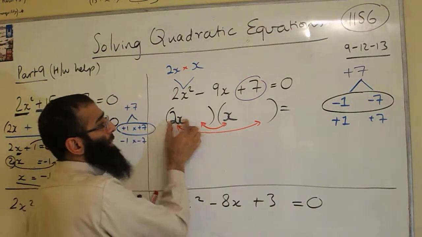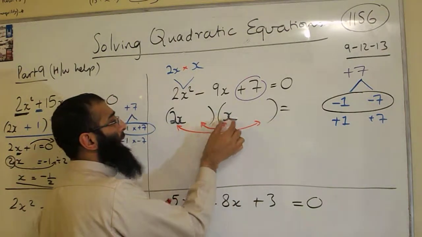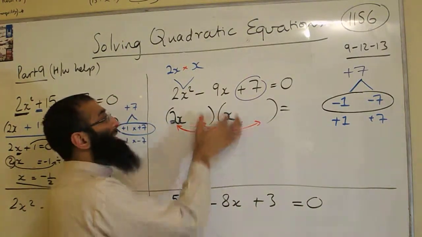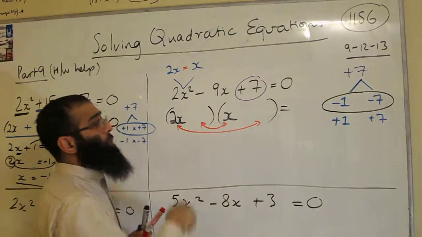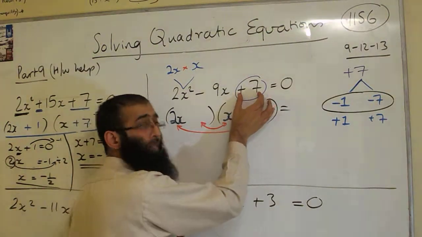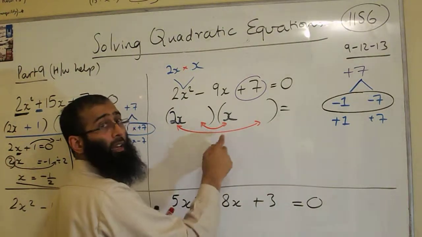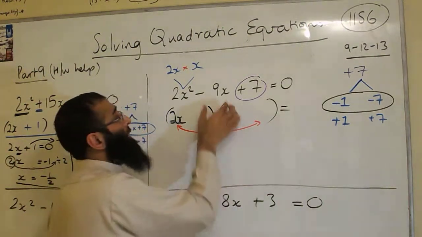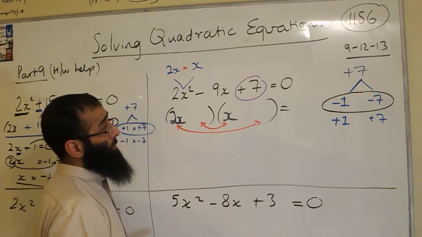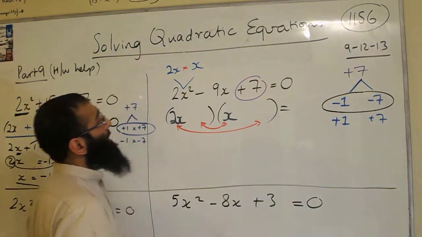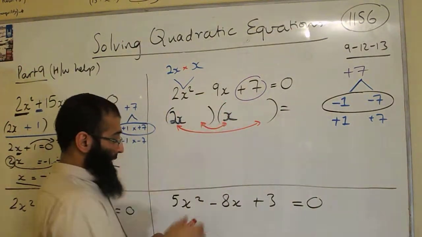Now this is the part. When we multiply this 2x by the number that we put here, and we multiply x by the number we put here, that will give us the minus 9x. So we're looking for two numbers that multiply to give you plus 7, but when you multiply these red parts here, it gives you a total of minus 9x. So let's have a look at minus 1 and minus 7. We need to get a total of minus 9.